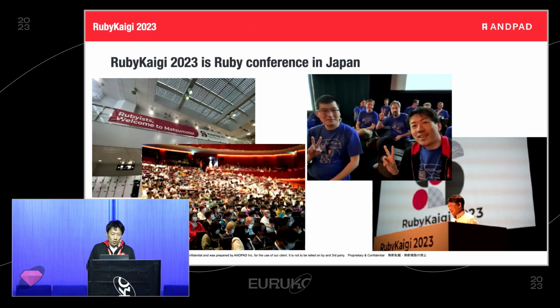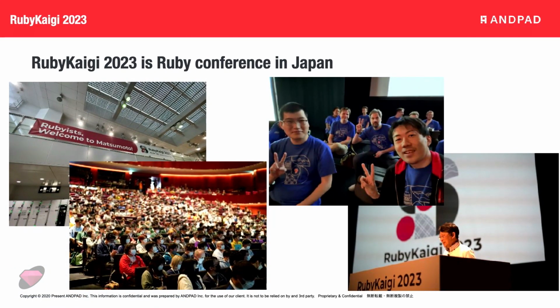I need to introduce RubyKaigi. RubyKaigi is one of the large conferences for the Ruby language. We can meet Matz and many of the Ruby core team in this place, me and Aaron Patterson and Kokubun-san and other people. You can see over 1,000 Ruby programmers like this.